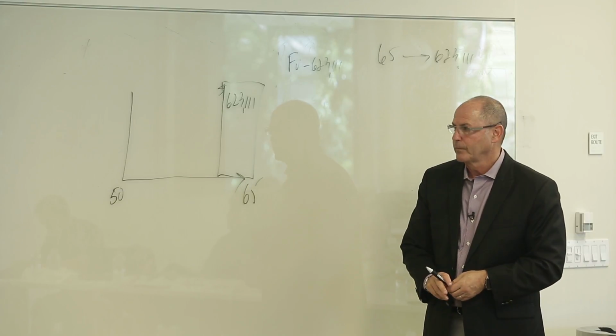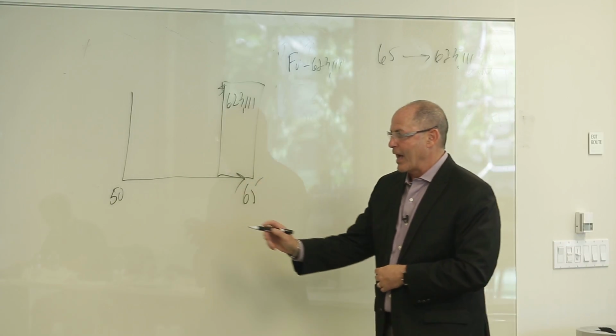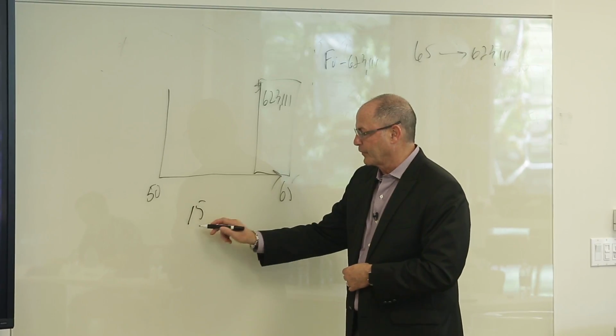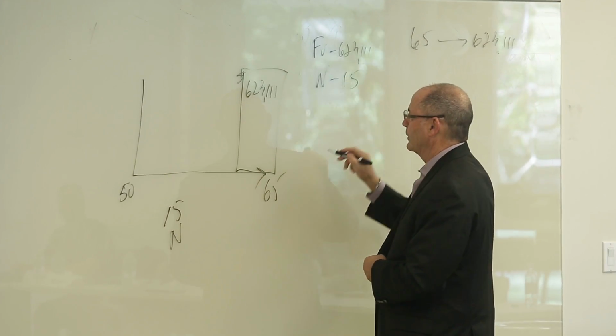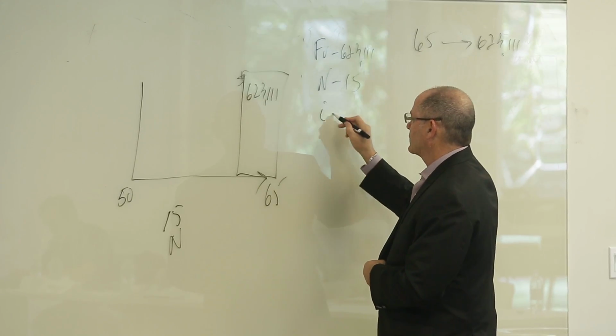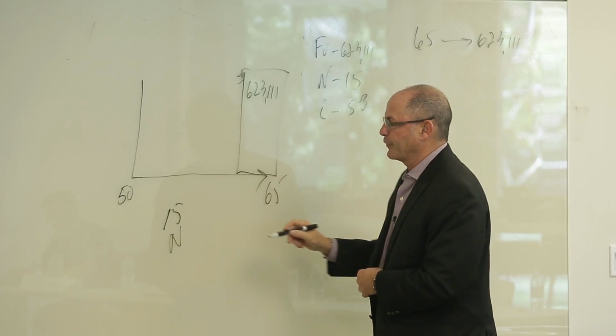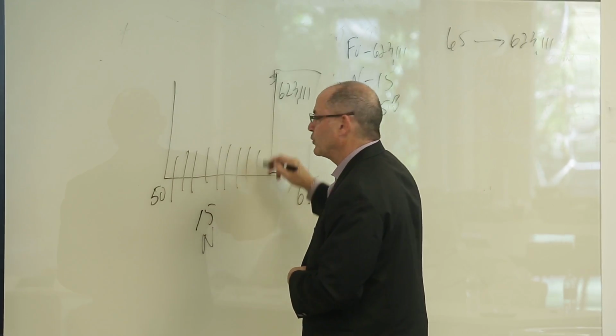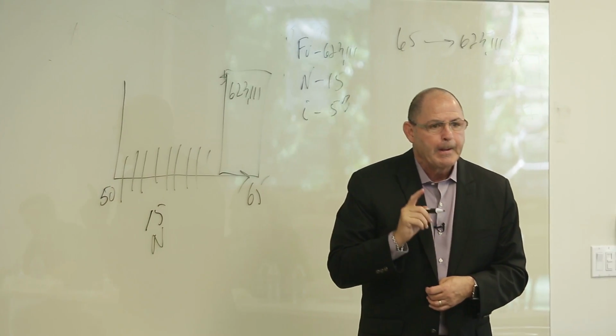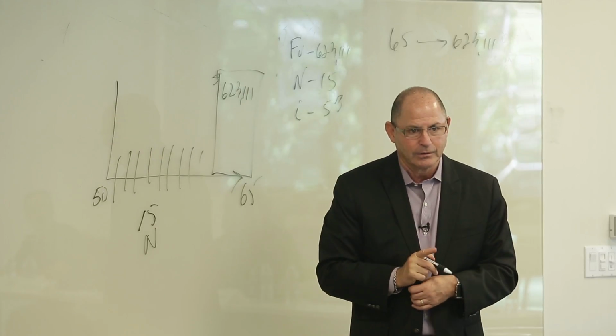Okay? Now, I have 15 years to accumulate it. So N is 15. My interest rate assumption is 5%. And what I want to know is, how much do I need to put in per year?